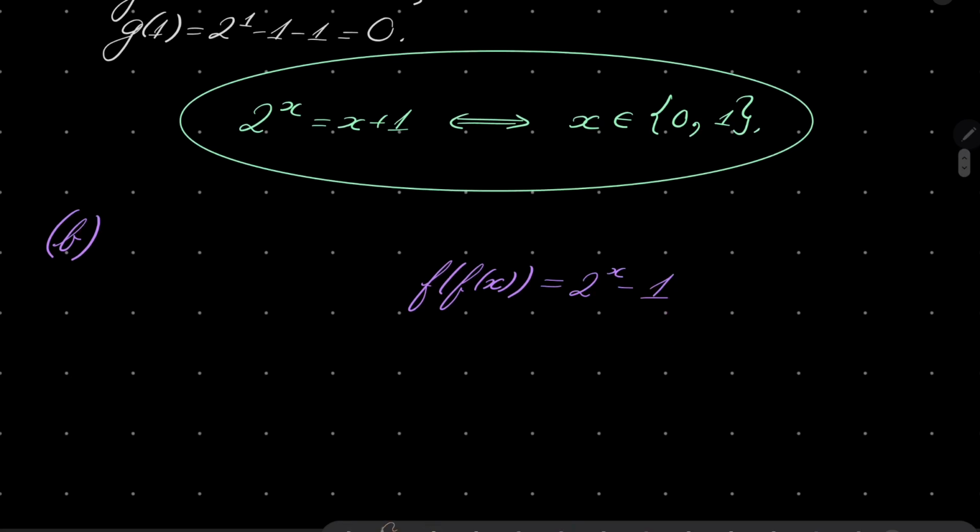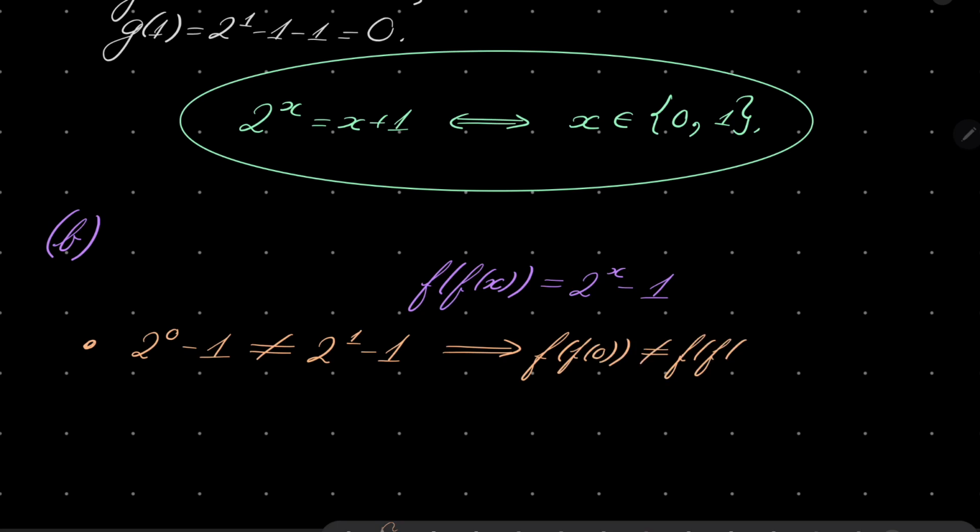First, notice that, of course, 2 to the power of 0 minus 1 is not the same as 2 to the power of 1 minus 1, which means that f of f of 0 is not the same as f of f of 1, and a fortiori, f of 0 cannot be f of 1.